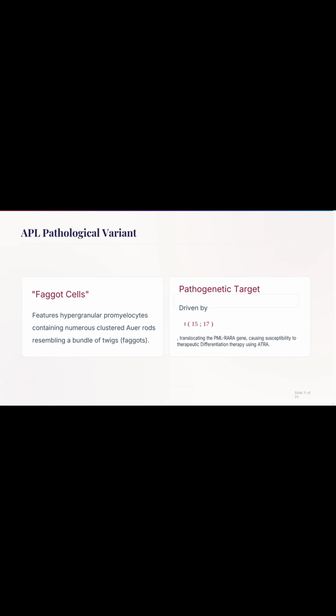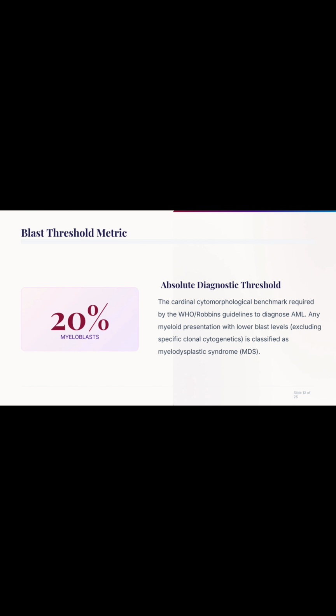Pathogenetic target: they are driven by t(15;17), translocating the PML-RARA gene, causing susceptibility to therapeutic differentiation therapy using ATRA.